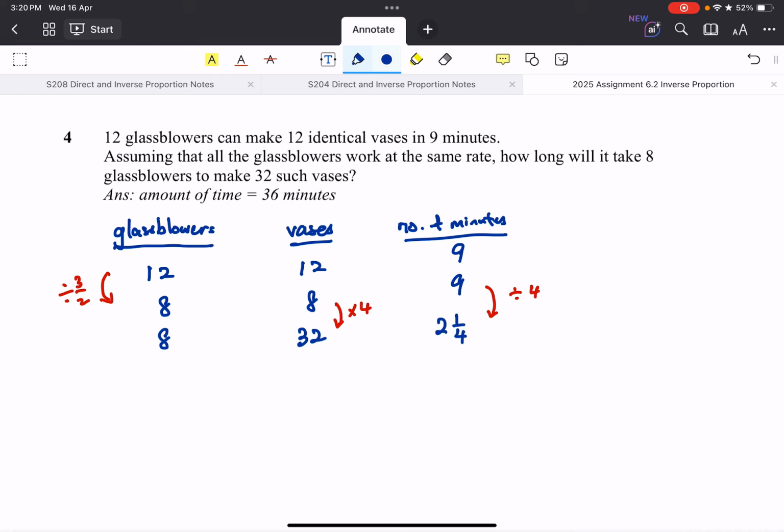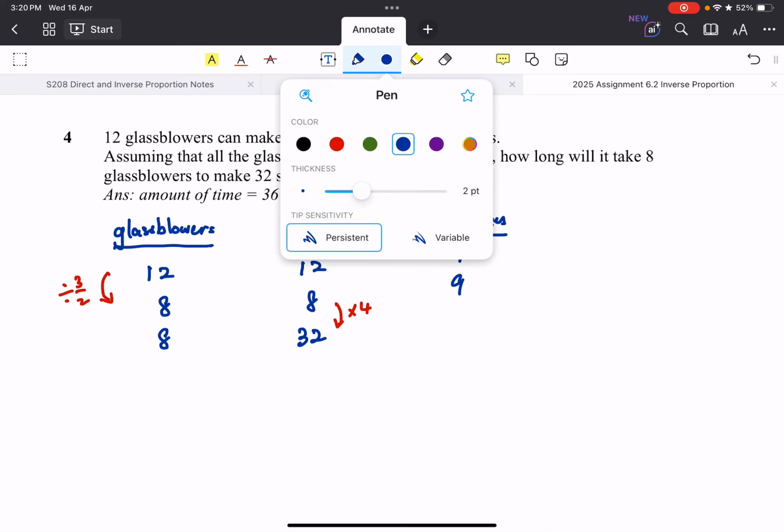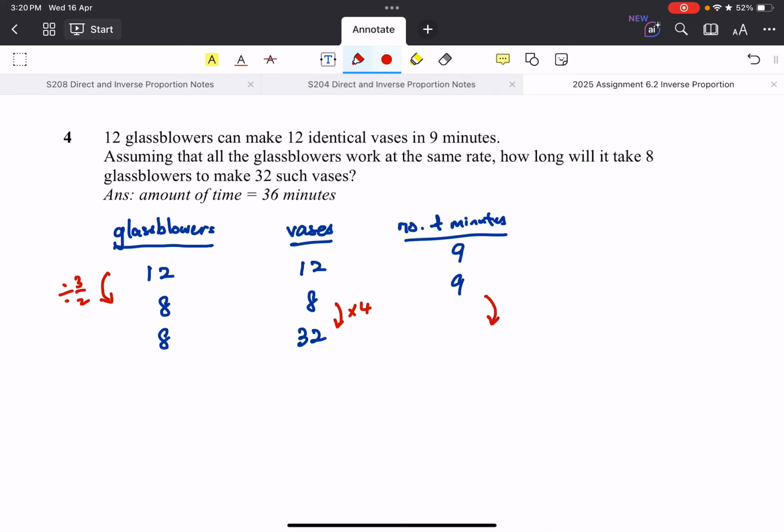Hey, wait. I'm thinking about speed, so sorry. Again, the number of minutes should also multiply by 4, which gives us 36. So therefore, the amount of time is 36 minutes.